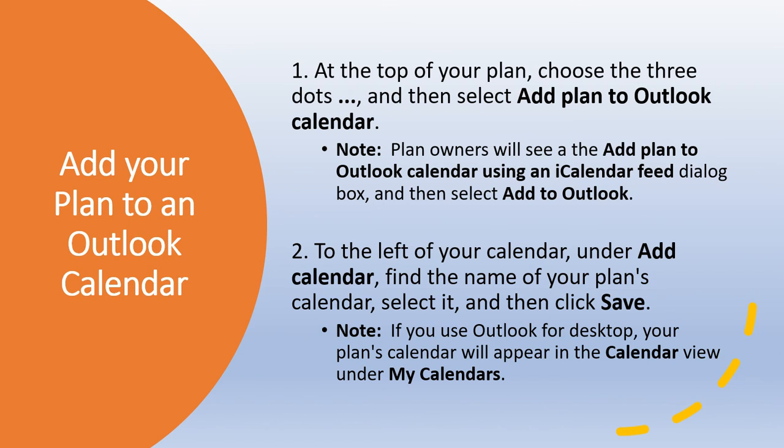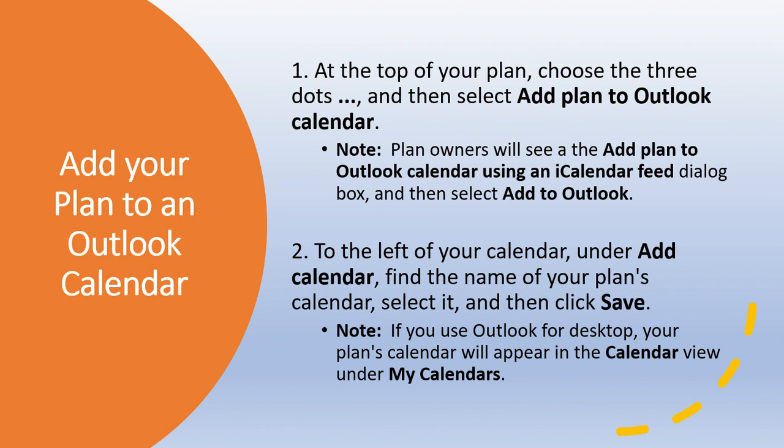So there are a couple of different options if you want to look at it from a scheduling view. You are able to add your plan to an Outlook calendar if you want to. There is also a calendar view available within Planner, but sometimes it's easier to have it within your Outlook calendar so that you can keep track of your tasks that way. So to do so, up at the top of the plan, just click on Add Plan to Outlook Calendar.